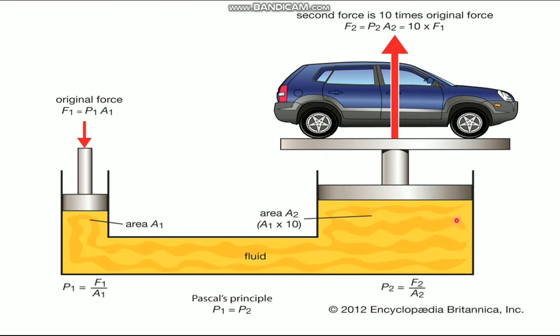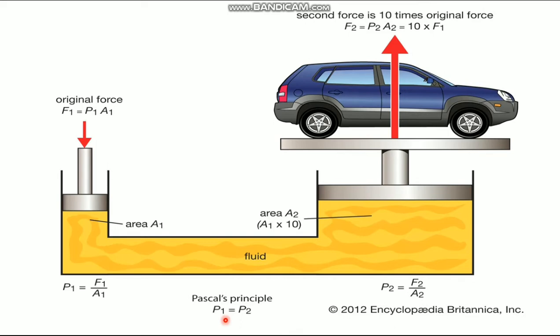When we calculate the force, we get a larger output in the large cylinder compared to the force F1. By means of a small amount of force, we get a larger amount of force. This can be calculated by means of Pascal's principle. We know Pascal's law states the pressure at all points is the same, that is P1 is equal to P2.